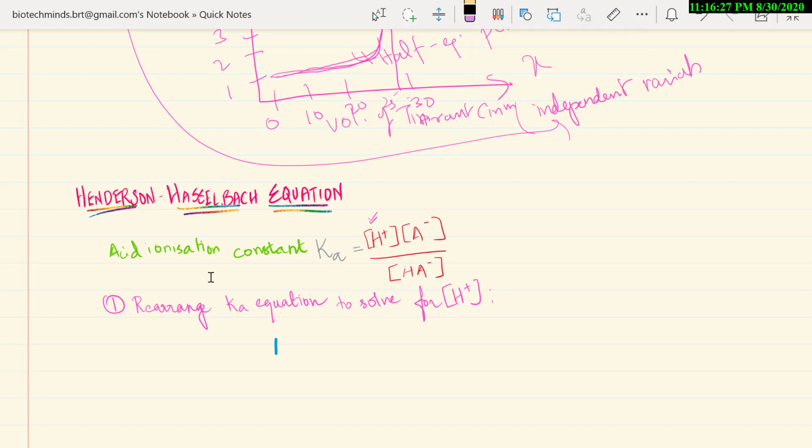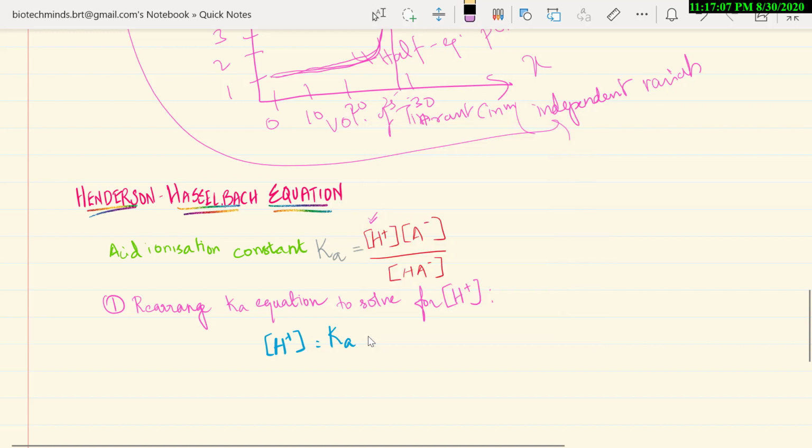So the concentration of protons, H plus, in an acid is given by: this comes here and this goes here, Ka. As it is shuffled, what happened? If I am equating from this side, this one goes to the denominator and this one goes to the numerator.